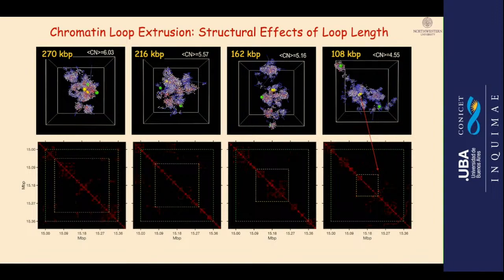The internal loop is again formed by cohesin proteins, yellow spheres, with length decreasing from left to right. The green dashed box outlines the full 360 kilobase pairs, while the yellow box marks the internal loop segment.